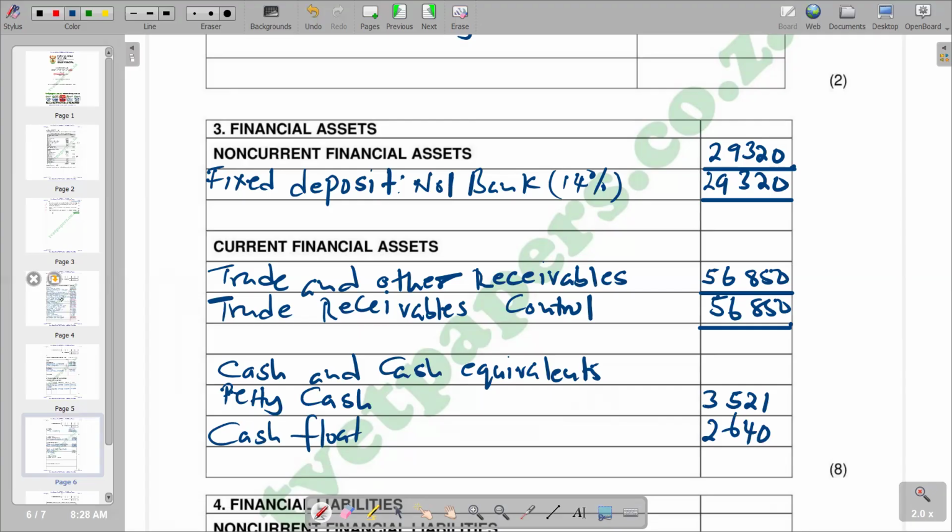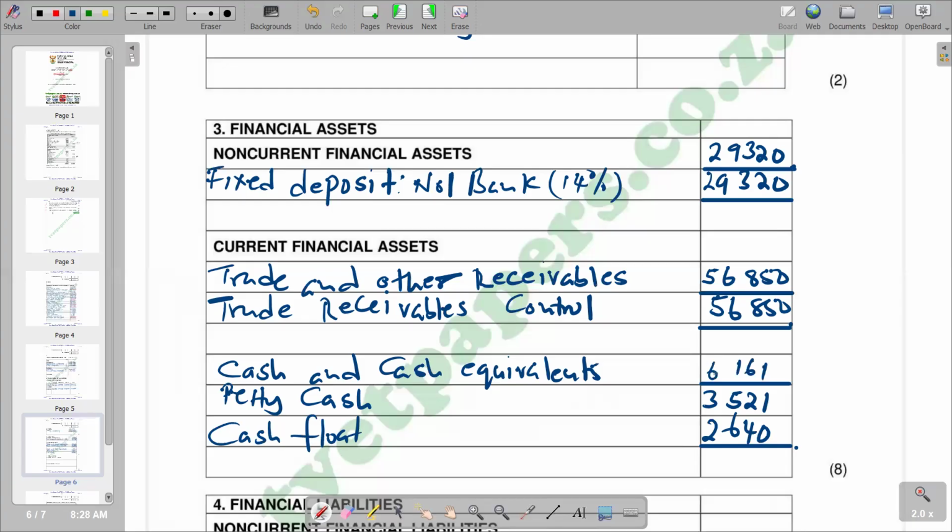So this is what we have on that part, and then we add the two, since these are the only cash and cash equivalents that we have. We add the two to get the total, which is 6,161.